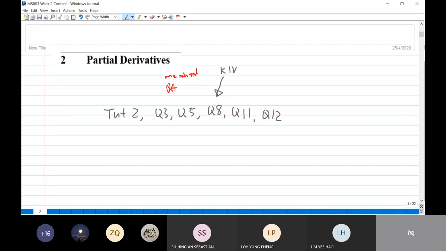We do questions 2, 3, 5, 8, 11, 12. It's not question 2, it's question 3 only, from Tutorial 2. Don't need to do question 2, never mind, I do only these.